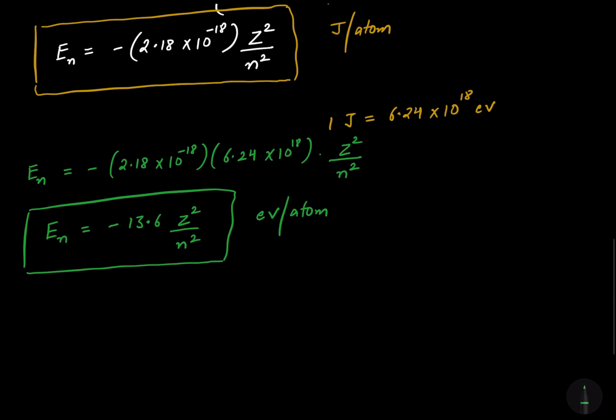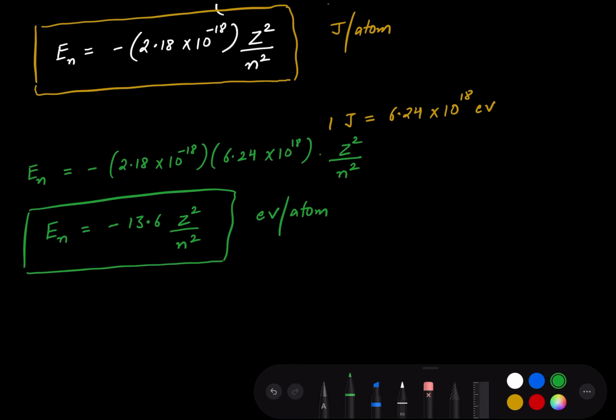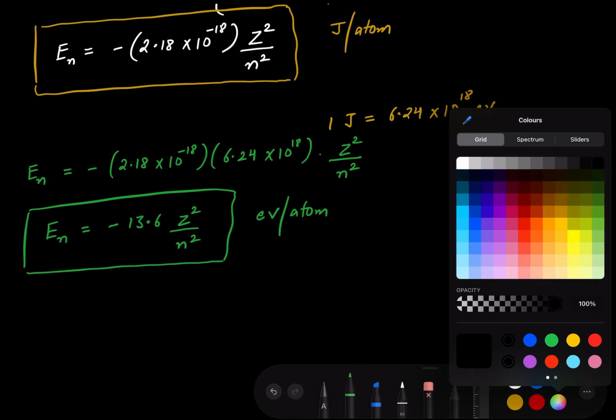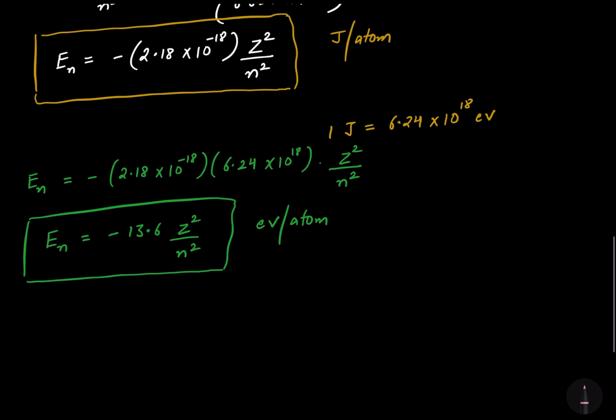Now let's convert the joules per atom to joules per mole. We know that 1 mole of any substance has 6.022 into 10 to the power 23 units or atoms.